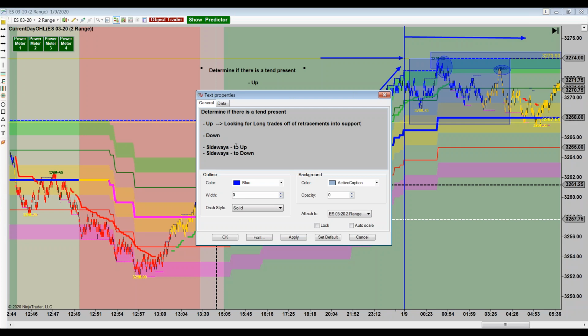If you identify the trend is down going into the open, then you're pretty much looking for short trades off of retracements into resistance, right? That's the kiss and roll we talk about.